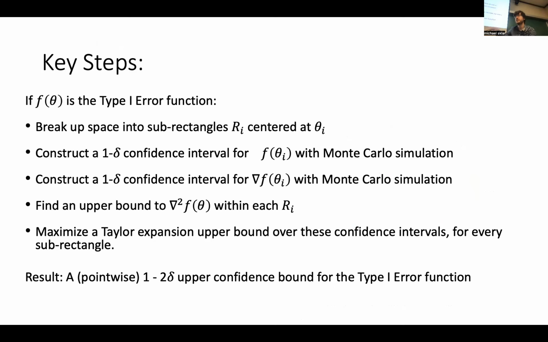We're going to break it up into subrectangles. They're going to be centered at these different points. Okay, and for each one of those gridding points, we're going to do a Monte Carlo simulation, make a Monte Carlo confidence interval for the type 1 error at that point. We're going to try to do something similar for the gradient at each point.